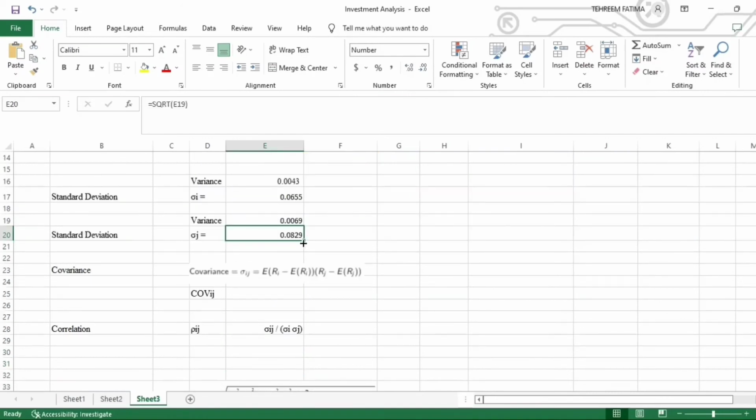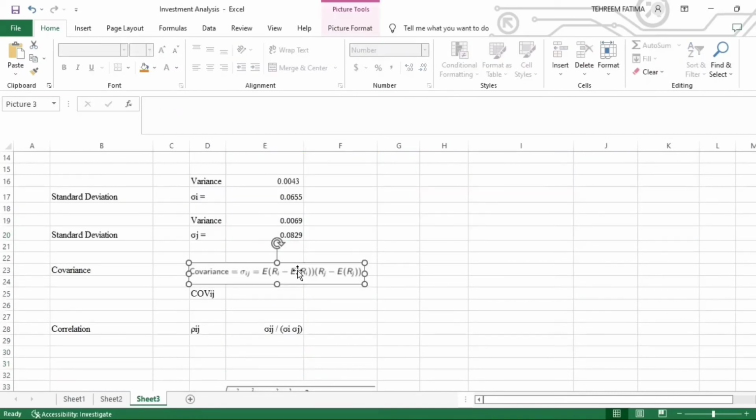For the calculation of covariance, this is the formula. Covariance is basically a measure of how the stock returns of Madison company and Kayleigh Electric co-vary with each other. If the covariance is positive and high, that means if one rises the other rises, and if one falls the other falls, and so on and so forth.